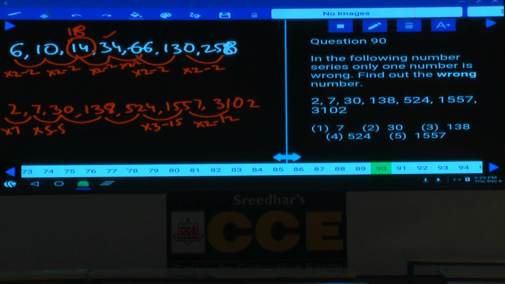Next, what are the other numbers here? Yes, are you getting any answer here? Now this one, 2, 3, 4, 5, 6 and 7.